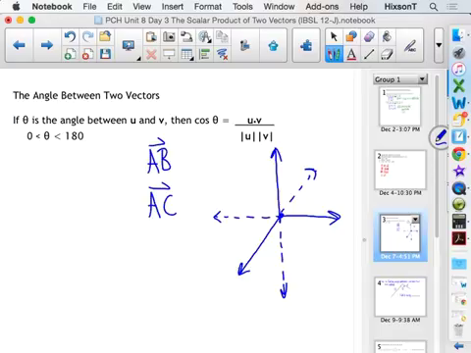And also, the plane that we're dealing with may not be the plane that has the x and y axis, or the x and z axis, or the y and z axis. It may be some other plane defined by whatever A is, whatever B is, and then whatever C is.